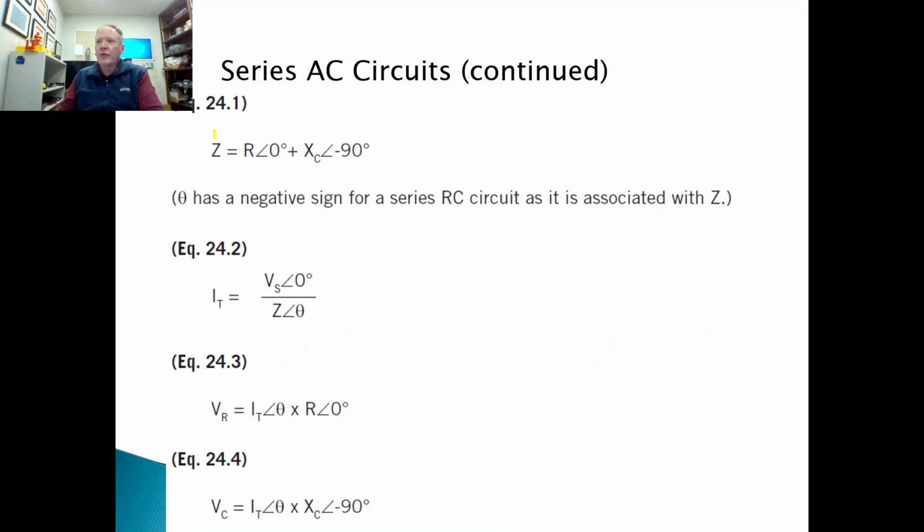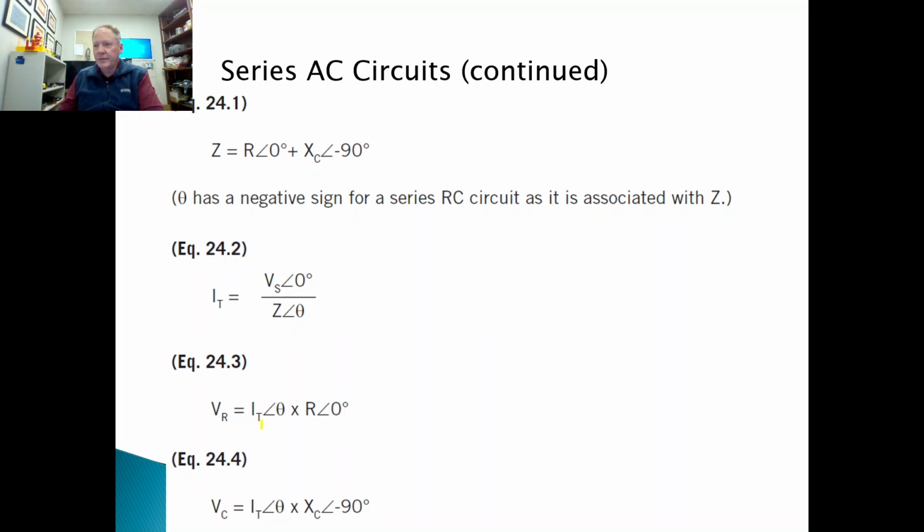So we know that the impedance equals the resistance value, which is real, at an angle of 0 degrees, plus the capacitive reactance, which is imaginary, at negative 90 degrees. And then we know that the total current is going to be the source voltage divided by the impedance. Now remember, in a series circuit, the current is the same everywhere.